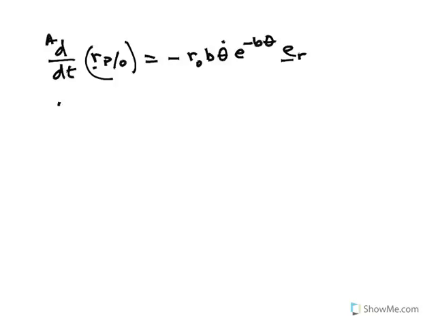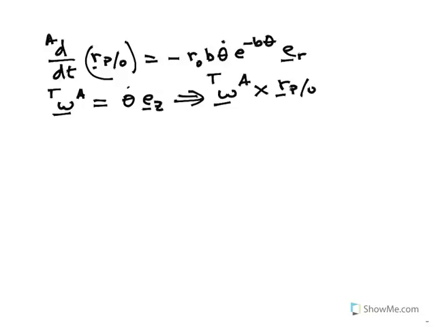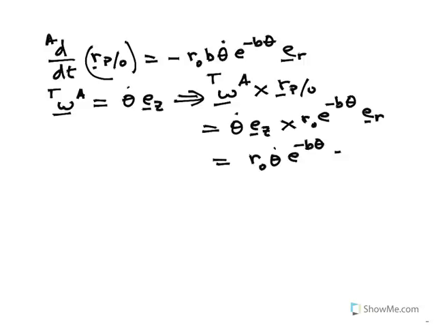The angular velocity of A and T is equal to theta dot EZ, which implies that omega AT crossed with the position of P relative to O is equal to theta dot EZ crossed with R0 times e to the minus b theta times ER, which is equal to R0 theta dot times e to the minus b theta times e sub theta.